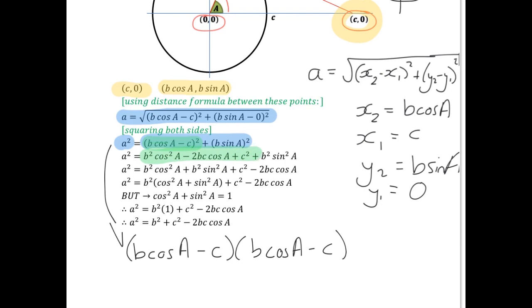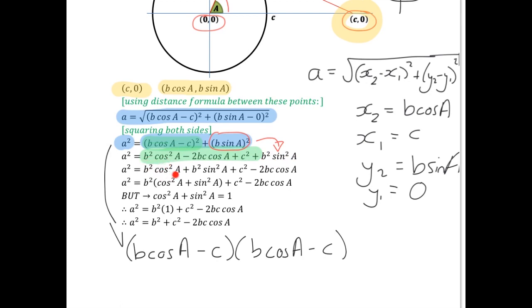And we'll have a b squared sine squared A coming from this squared. And then it's just a matter of tidying things up. So we have a b squared sine squared A here and a b squared cos squared A here.